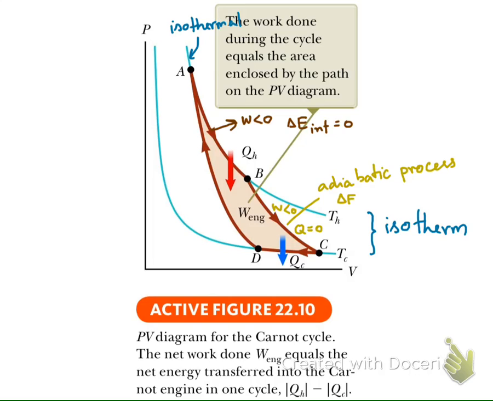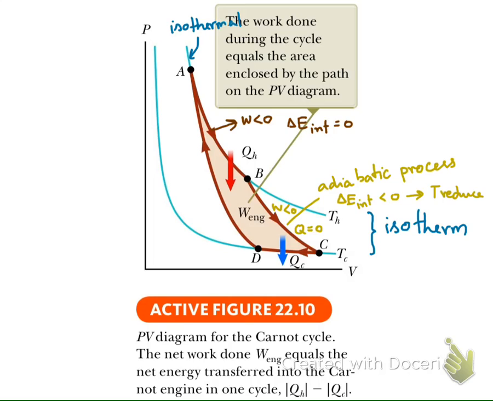Delta E of the internal energy is negative. But the working substance is an ideal gas, so it means that the temperature reduces. The temperature changes from this isotherm at TH to the new temperature, this isotherm at TC.